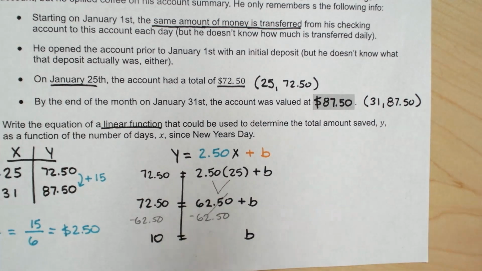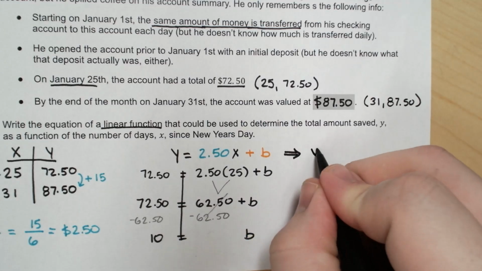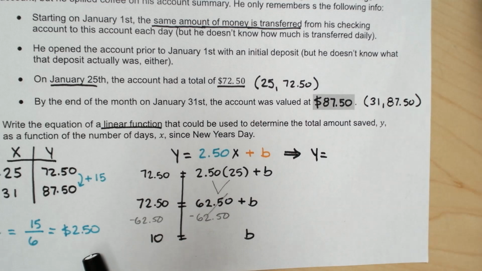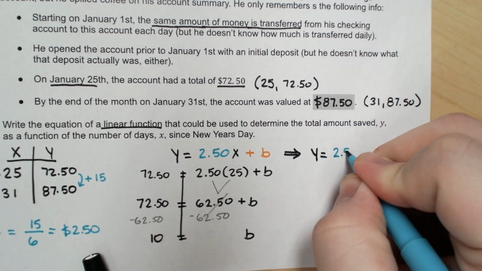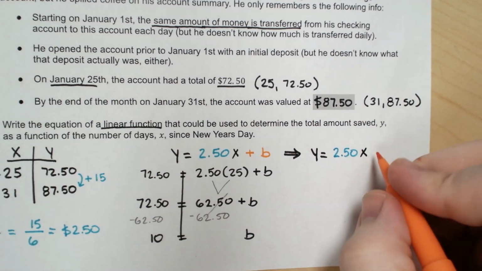So that is our y-intercept, meaning the equation that we would use to model this is y equals 2.50x plus 10.